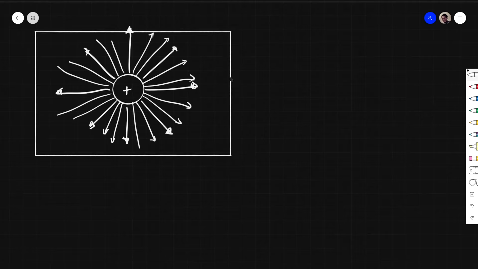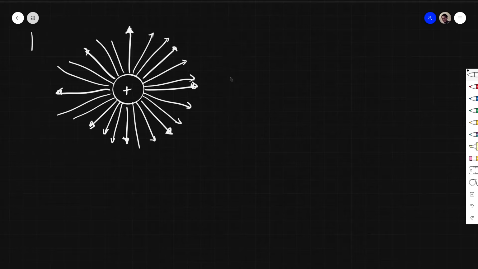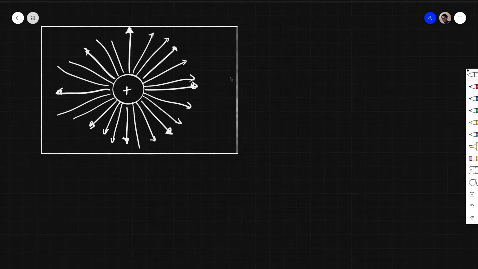It utilizes a polar coordinate system, a coordinate system that radiates outward.